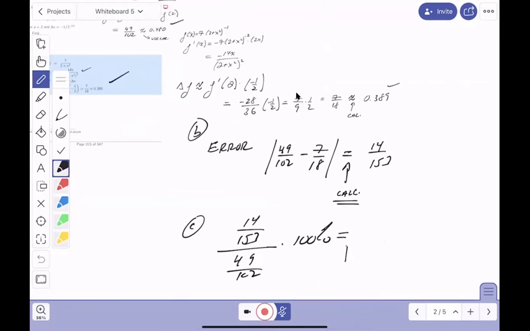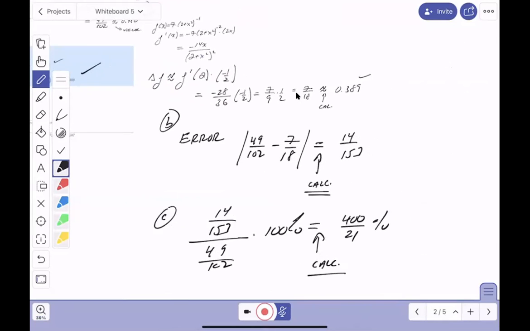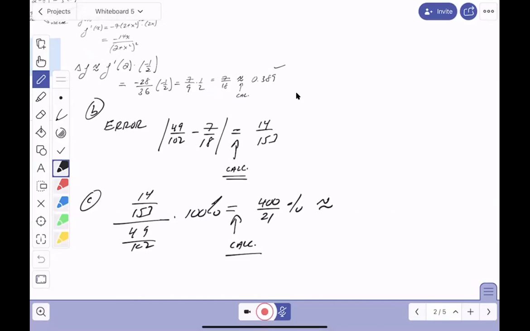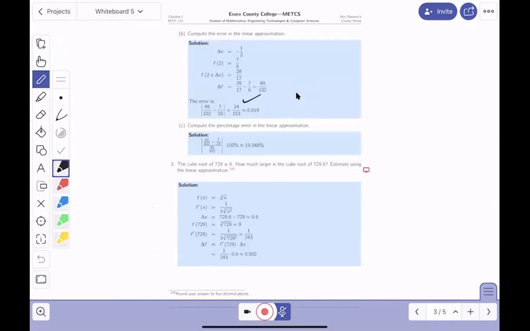And when you do that computation, you would get 400/21%. That's a crazy looking number, by the way. And this is approximately, again, I'm using a calculator, 19.048%. All right, let's go to the next page, see how we did. And I'm getting it right over here. All right, so that's not bad. We did okay with that. All right, so let's go to the next question.